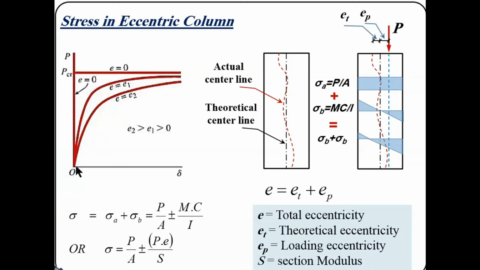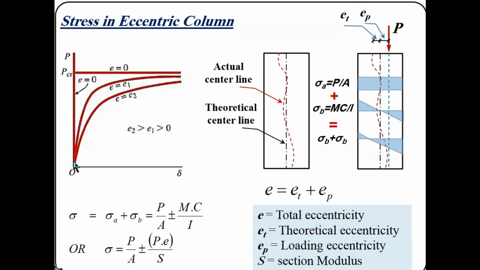So here in this diagram, we are plotting the lateral bending versus the applied load. If we have the ideal column and keep on increasing the load, we cannot observe any lateral deformation until the column fails due to crushing. The column will not buckle in any lateral direction, so failure is predominantly due to the axial forces.